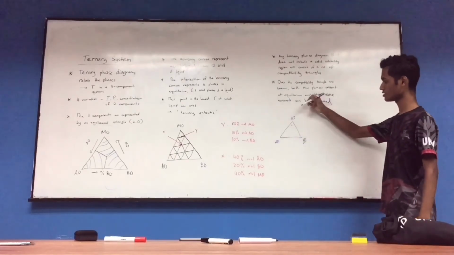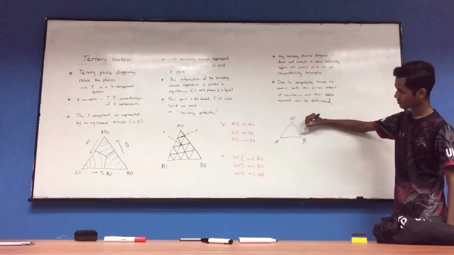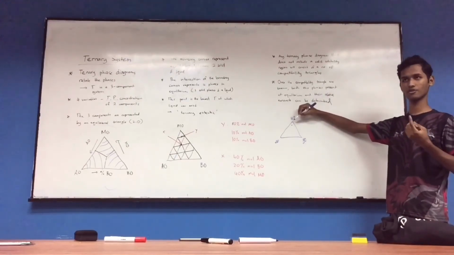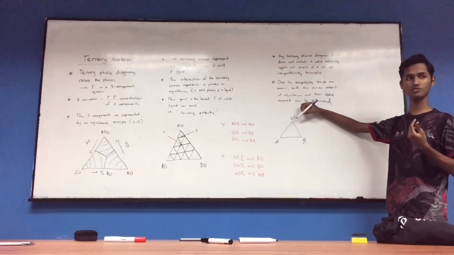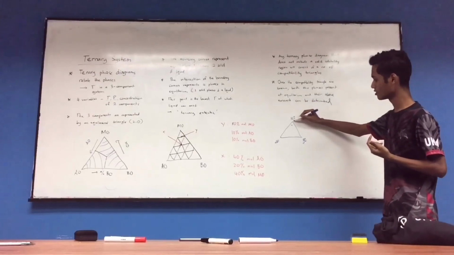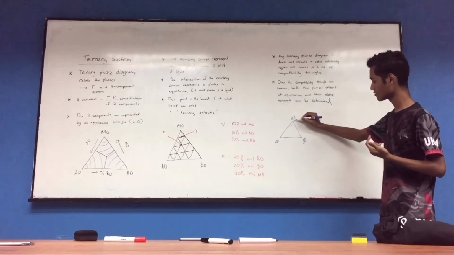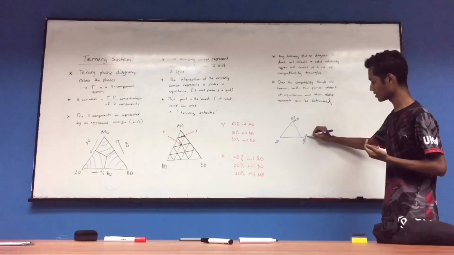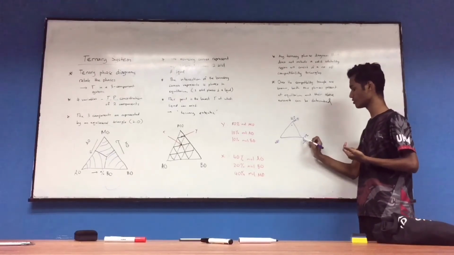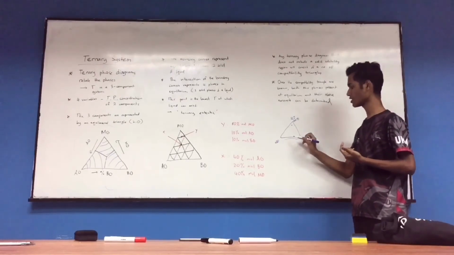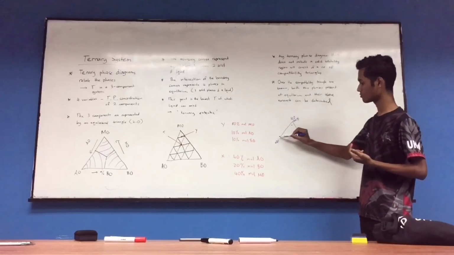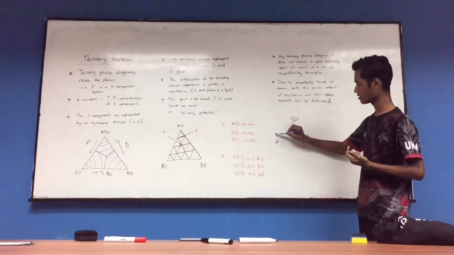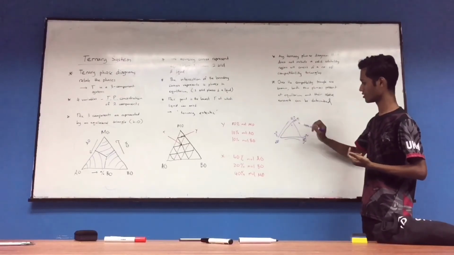On this side we will put the numbers or percentages of the composition for MO, starting from 100% here and going down to 0% here. For BO we will do the same on this side, and for AO we do the composition the same from this side, where this is 100% and going down here.